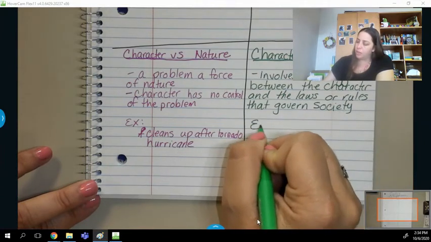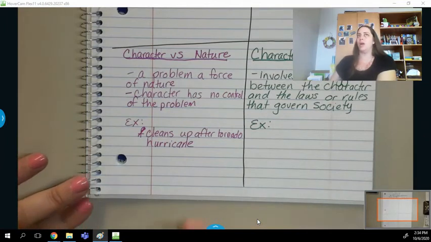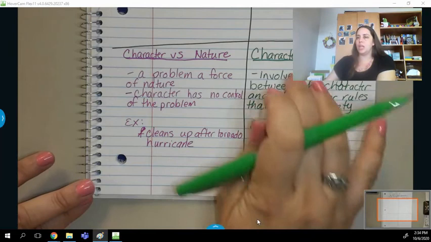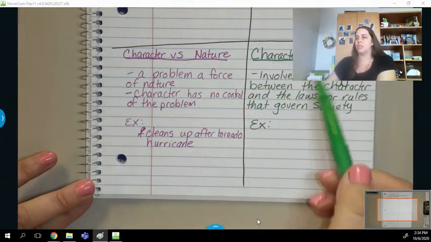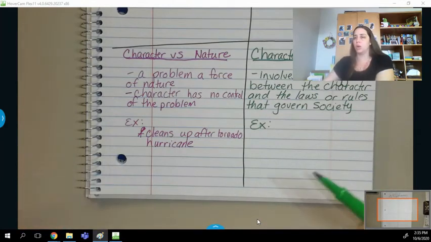So again, you're going to come up with some examples, and this time I want you to go back to thinking about Among the Hidden, and is there any example of a character versus society struggle or conflict in Among the Hidden? And if there is, what is the character, or who is the character fighting against?